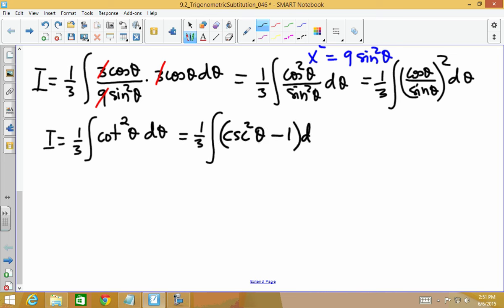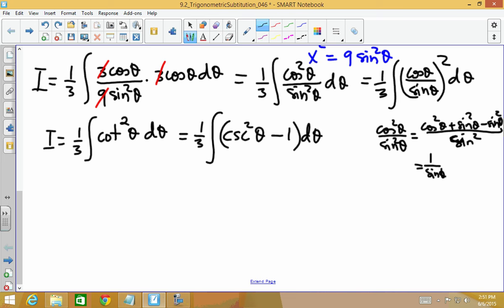If you don't remember, we have cosine squared theta over sine squared theta, which is cotangent squared theta, which is cosine squared theta plus sine squared theta minus sine squared theta, all divided by sine squared theta. Cosine squared plus sine squared is 1, so we get 1 over sine squared theta, and then minus sine squared over sine squared, which is 1.